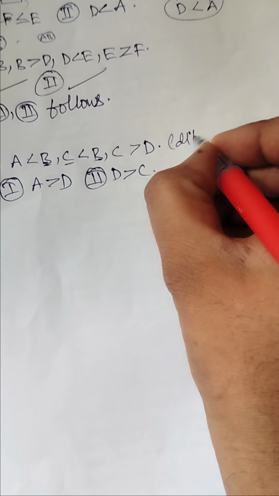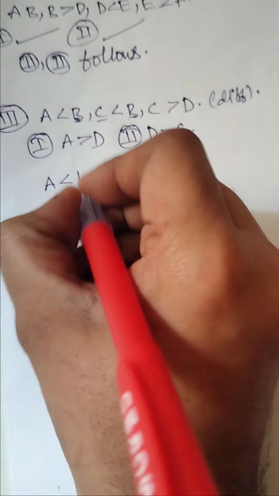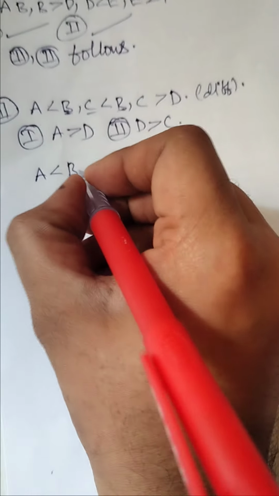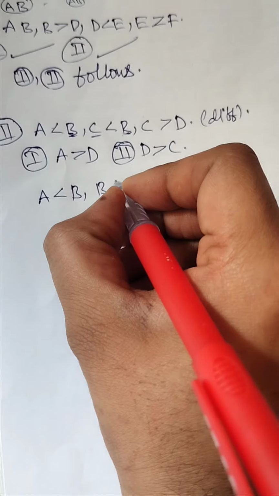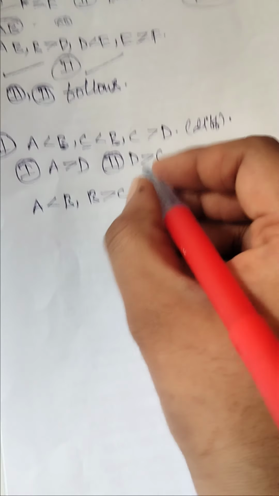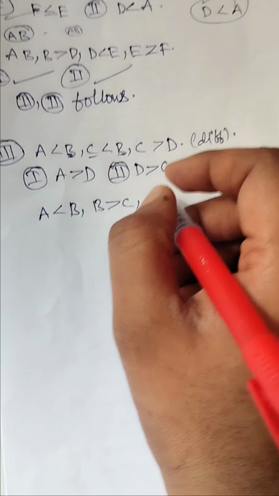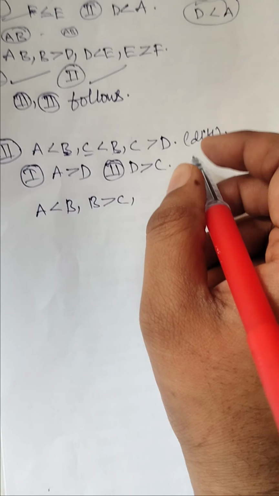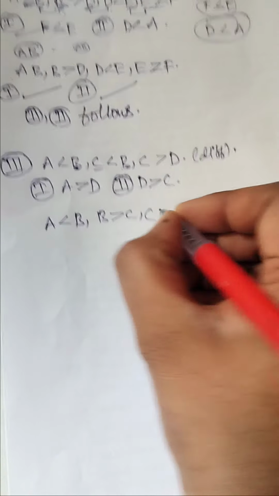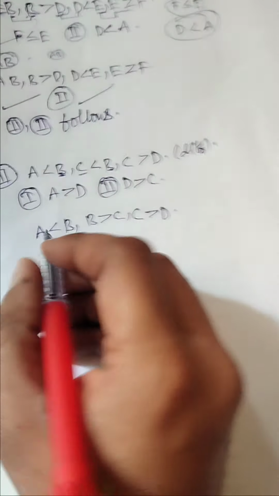Different. Okay, so it is a must to change this, like A less than B, B greater than C, yes or no, and C, here we need not change, greater than D. Simple.